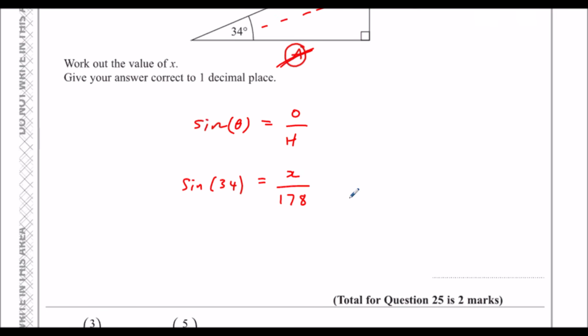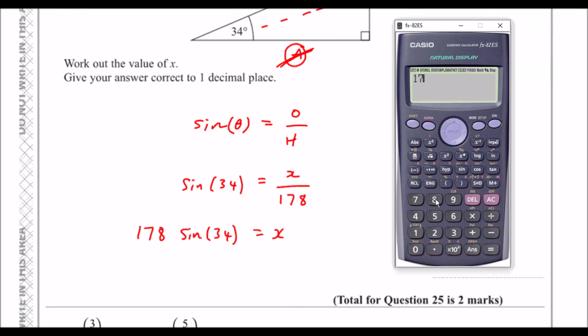I want x by itself, so I want to multiply both sides by 178. To get rid of a divide, we do the opposite of dividing, which is multiplying. So multiply both sides by 178. So 178 times sine 34 equals x.